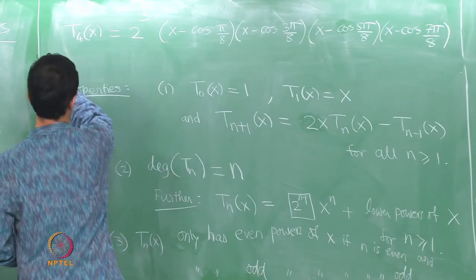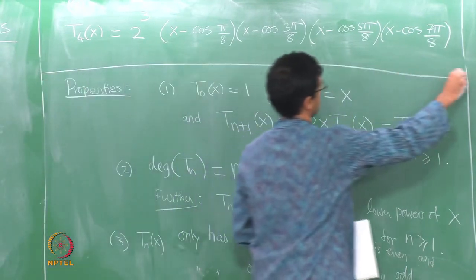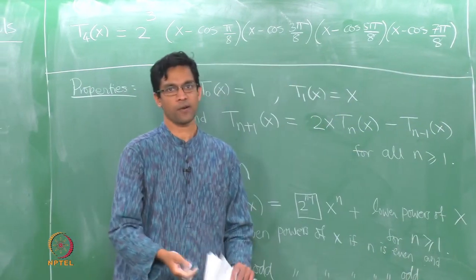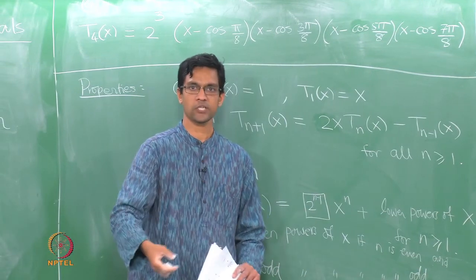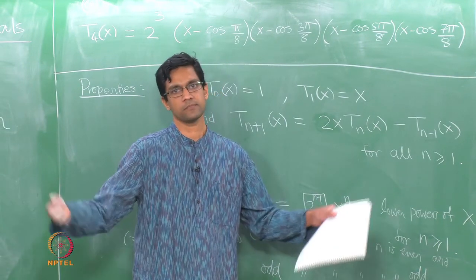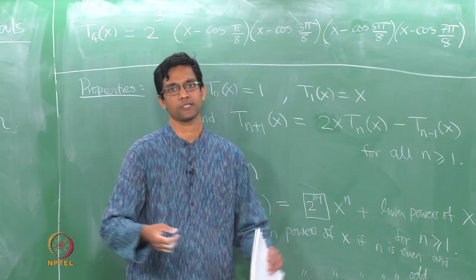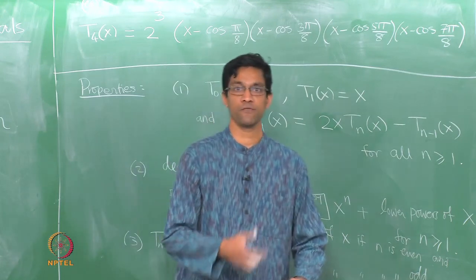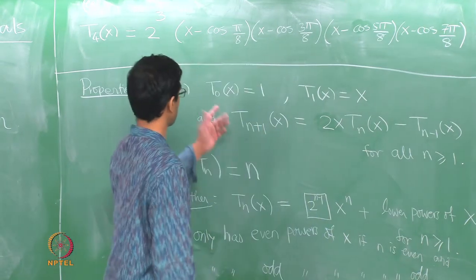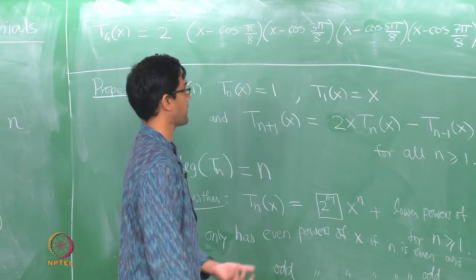So that's the formula for T4 of x. Of course you can also explicitly compute it from that recurrence relation and you will get some degree 4 polynomial, and it's rather remarkable that that polynomial actually factorizes in this way.